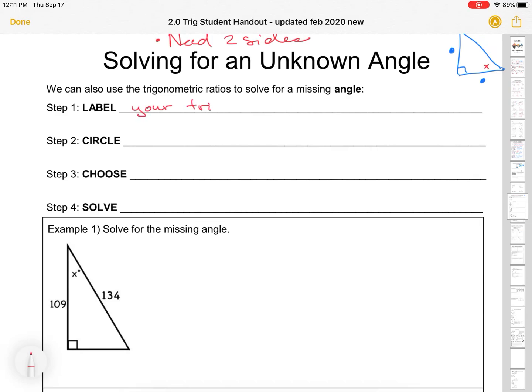So label your triangles. This should sound familiar, with opposite, adjacent, and hypotenuse. Circle the two sides you know.